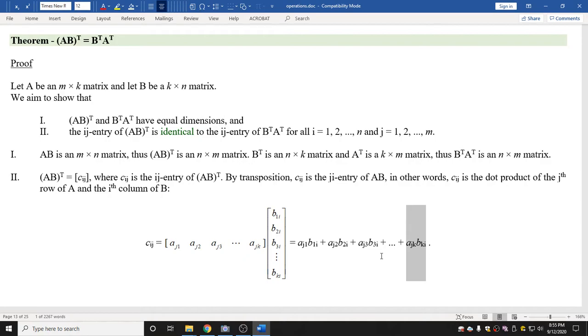Now let's go ahead and compute the ij entry of B transpose A transpose.